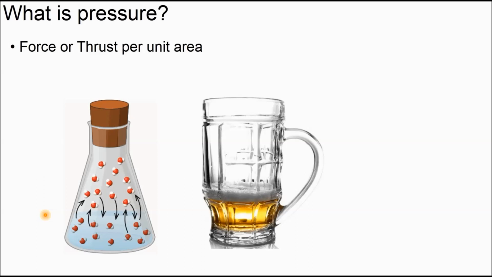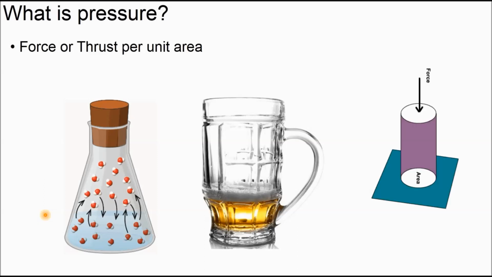The beer in the bottle creates molecular movement, with molecules continuously hitting the wall and colliding with each other. This all creates a thrust, and if you calculate that thrust per unit area, then we can easily calculate the pressure. So usually we say the force or thrust exerted per unit area is pressure.